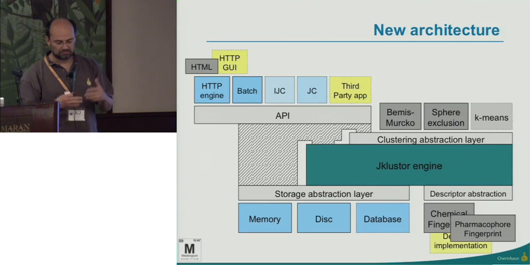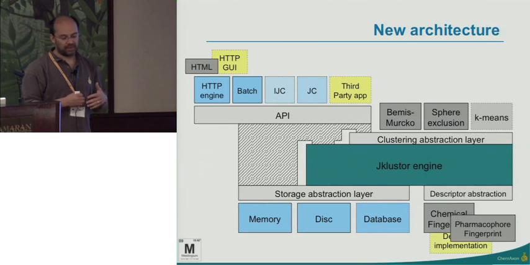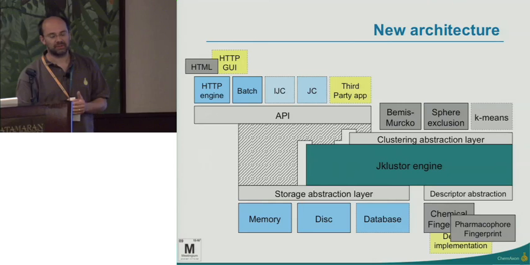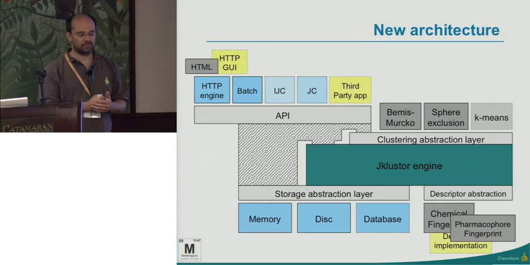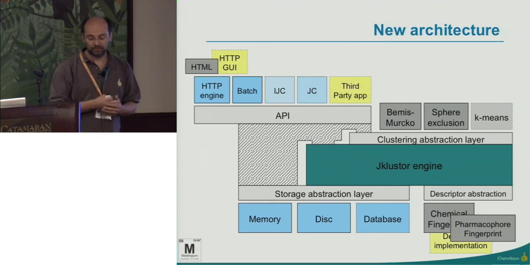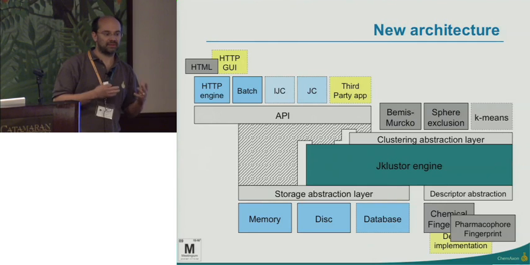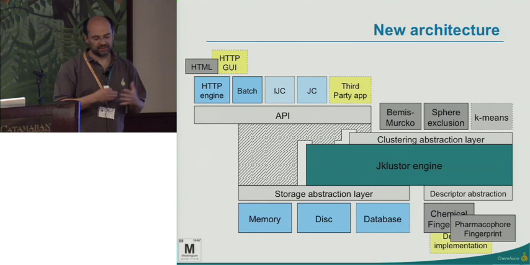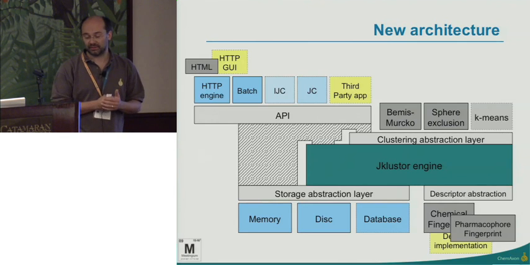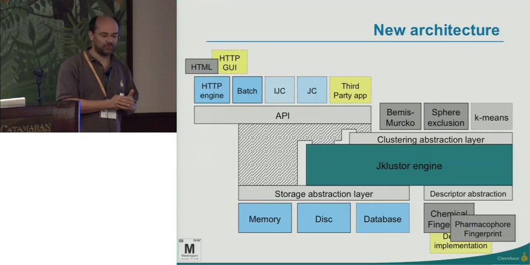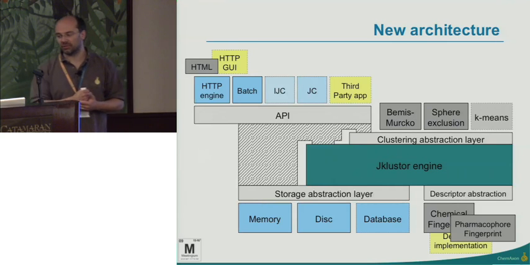When we challenged the million compounds libraries and wanted to implement newer algorithms like Bemis and Markov and more, we found the need for a lot more sophisticated, better designed software framework for clustering. And this is what's new in JKlustor, a clustering engine.